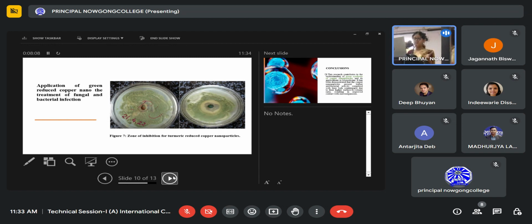Following agar solidification, each well has 6 mm diameter where the copper nanoparticle is placed and incubated at 37 degrees Celsius for 24 hours. Based on the presence of the zone of inhibition, the results were recorded and zone size was calculated.